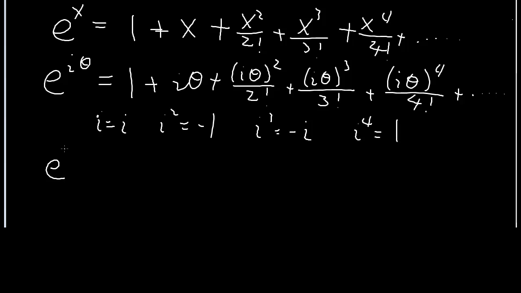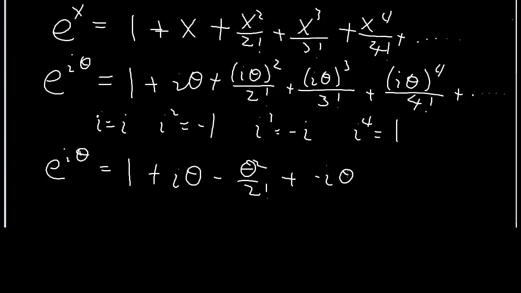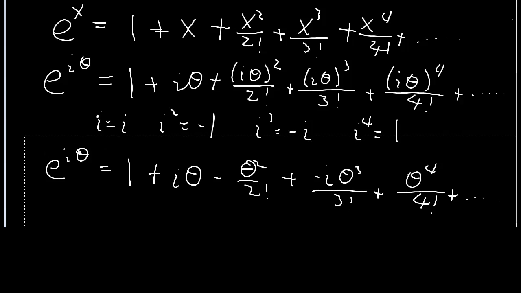Knowing that, we can rewrite this: 1 plus i theta minus theta squared over 2 factorial minus i theta cubed over 3 factorial plus theta to the 4th over 4 factorial, so on and so forth. So then, with that, we can group the parts with the imaginary number together and the parts without. So we can write it more as a real part and a complex part.